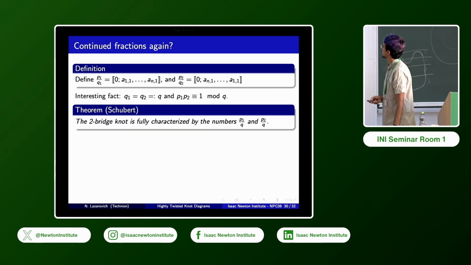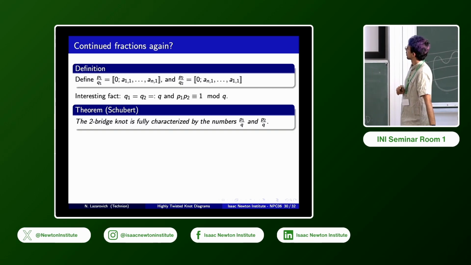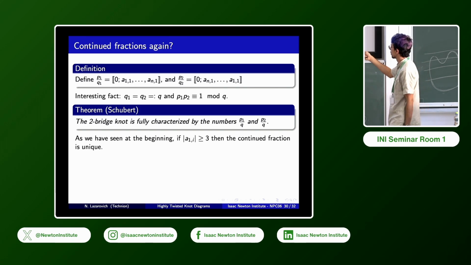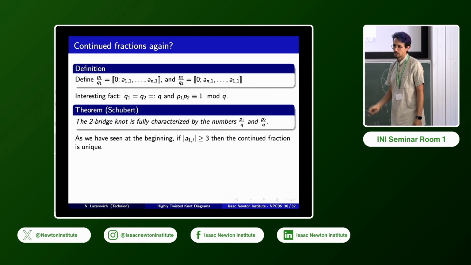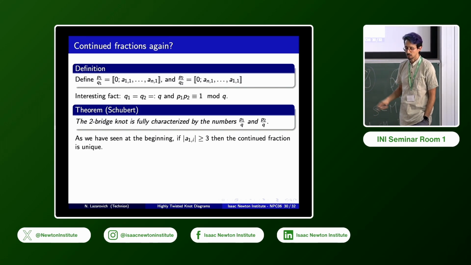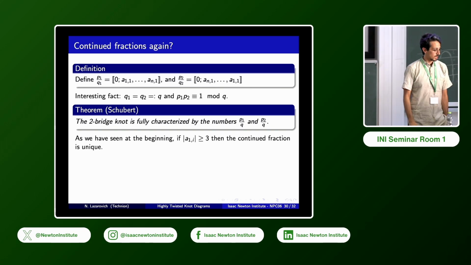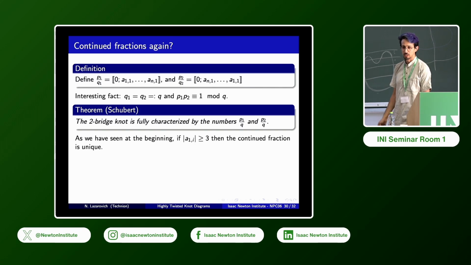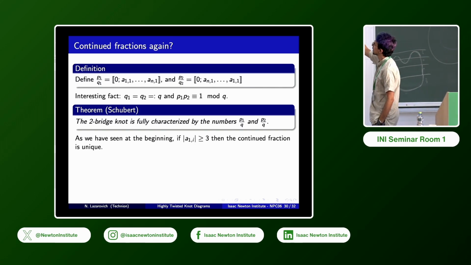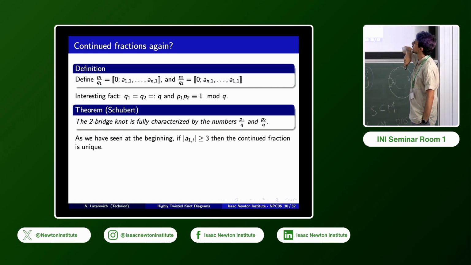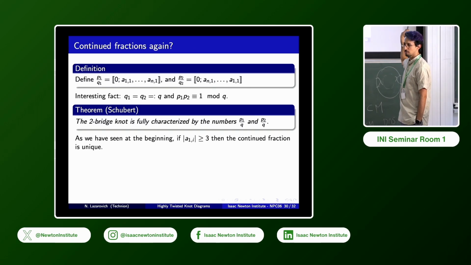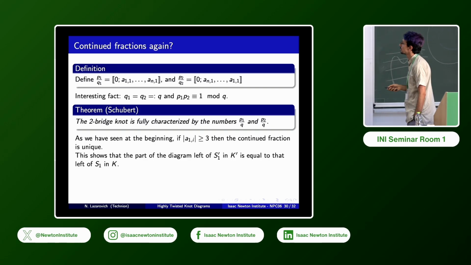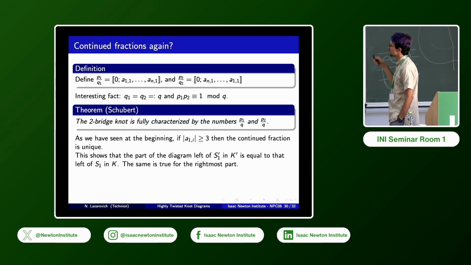And this is the theorem: the knot is completely characterized by those numbers. But what we saw at the beginning is that if those numbers are at least 3, or even assuming that they're at least 4, then the continued fraction is unique. So we know that the numbers a1 up to an are the same as a1' up to an'.